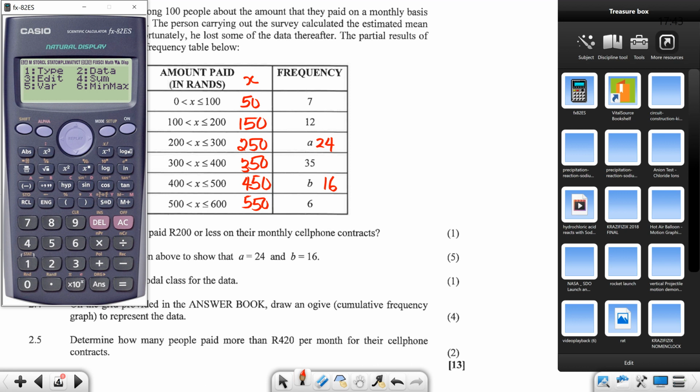Okay, 5. And listen, if you want to check if your data is correct, you can quickly press 1. N is 100, which is what I have.